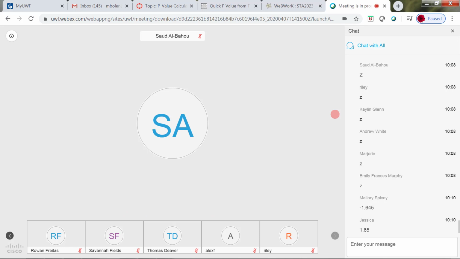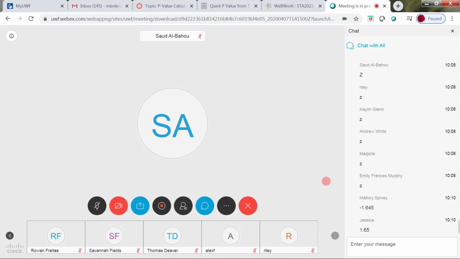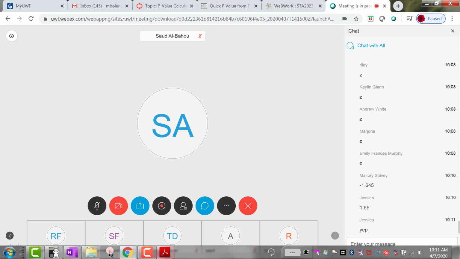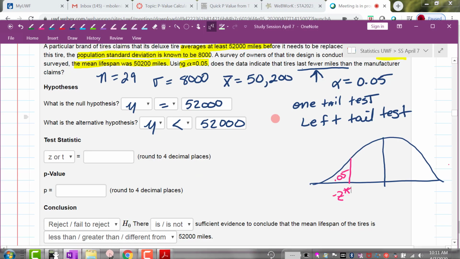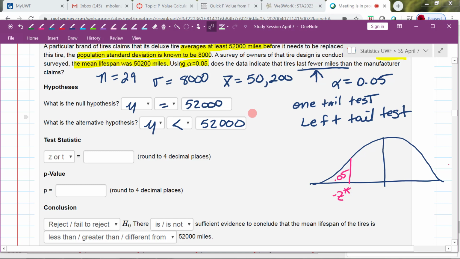So it's going to be negative 1.65, Jessica. Are you good with that? Good. Okay. So it's negative 1.65. I like 1.645, but I will put in what WebWork is expecting. Oh, that's your test statistic right there. They don't ask for the critical value, sorry.